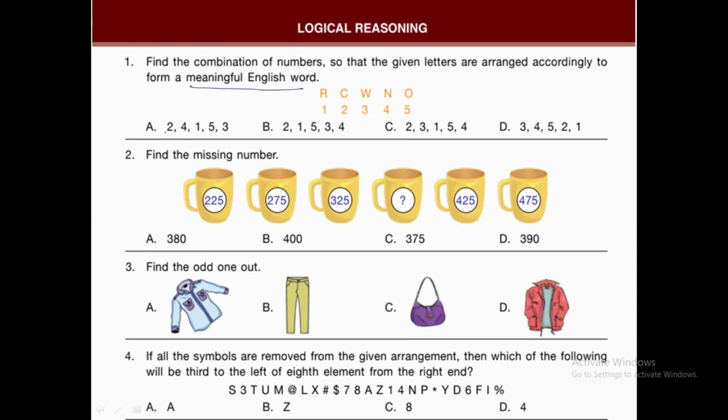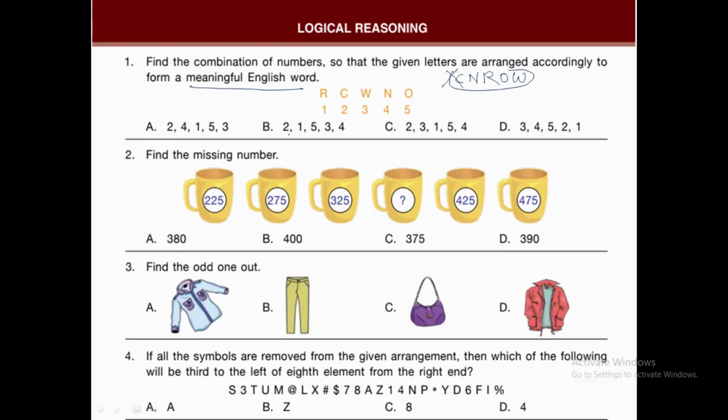Let's go to option A. Option A is 2 4 1 5 3. 2 means the letter C, 4 means N, 1 means R, 5 means O, and 3 means W. Is it any word? No, such a word is not there in the English dictionary.